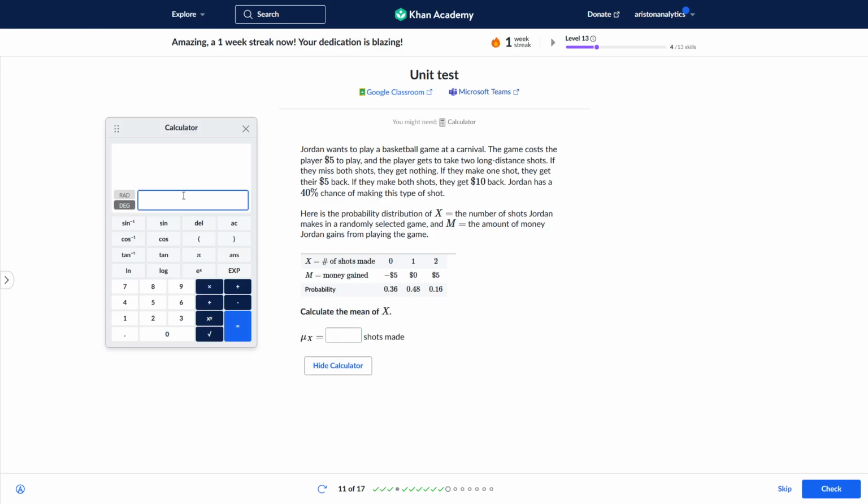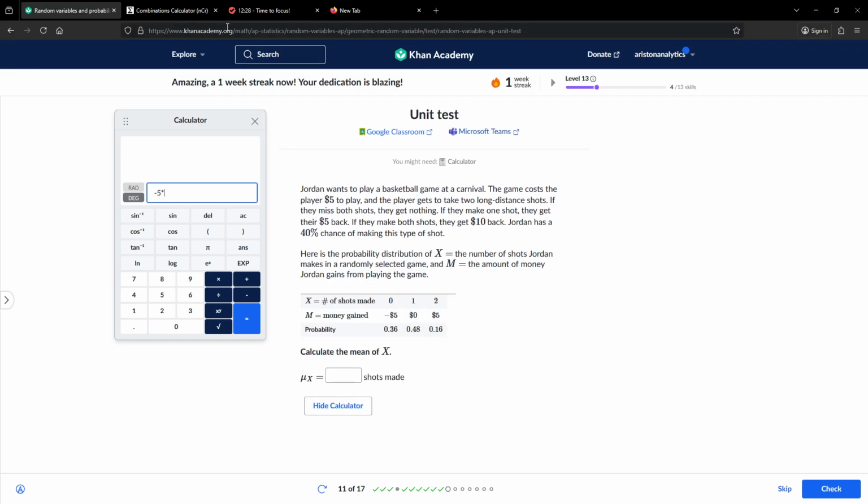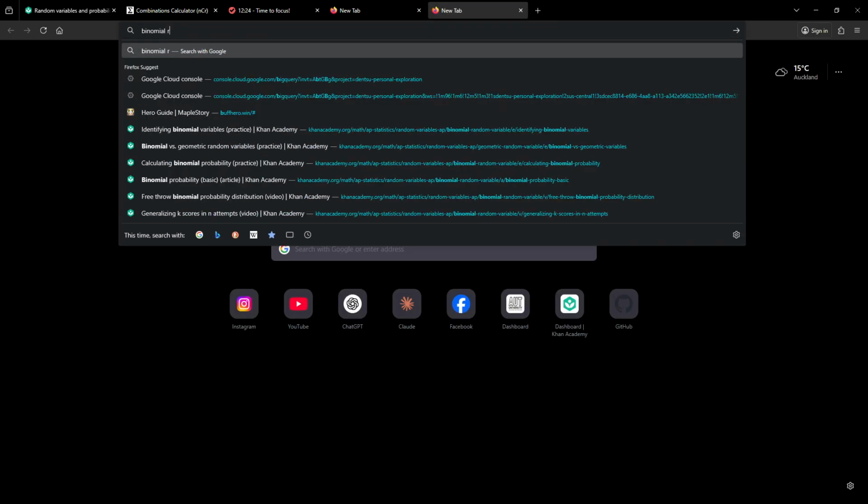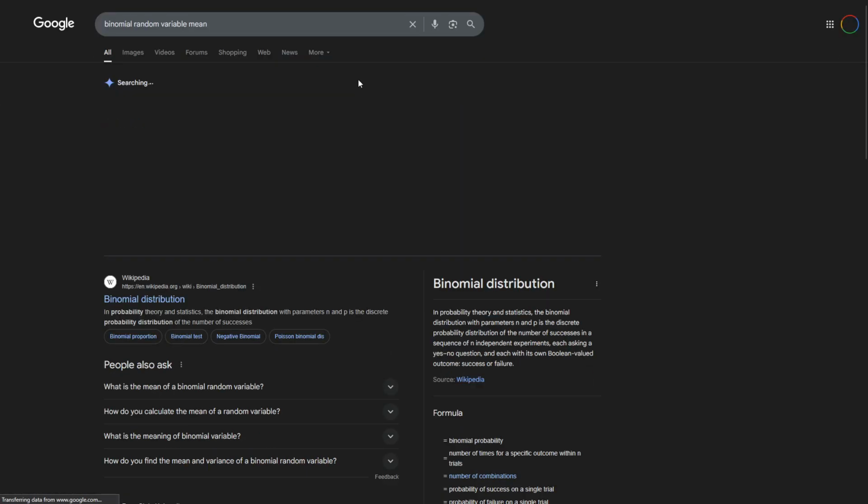Okay. And I think we are just looking at money gained and probability. So what's the expected value of this game? So we just do -5 times... Wait. Binomial, random variable, mean.